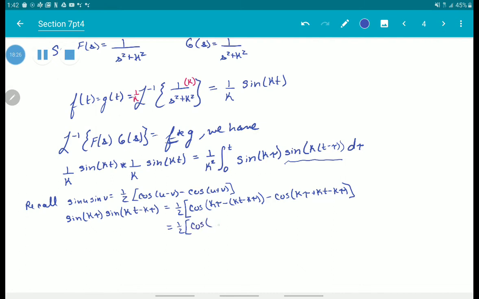And this is cosine of 2k tau minus kt, minus cosine of 2k tau plus kt. I'm just kidding, be careful. These guys are going to cancel. This is just going to be a kt there.